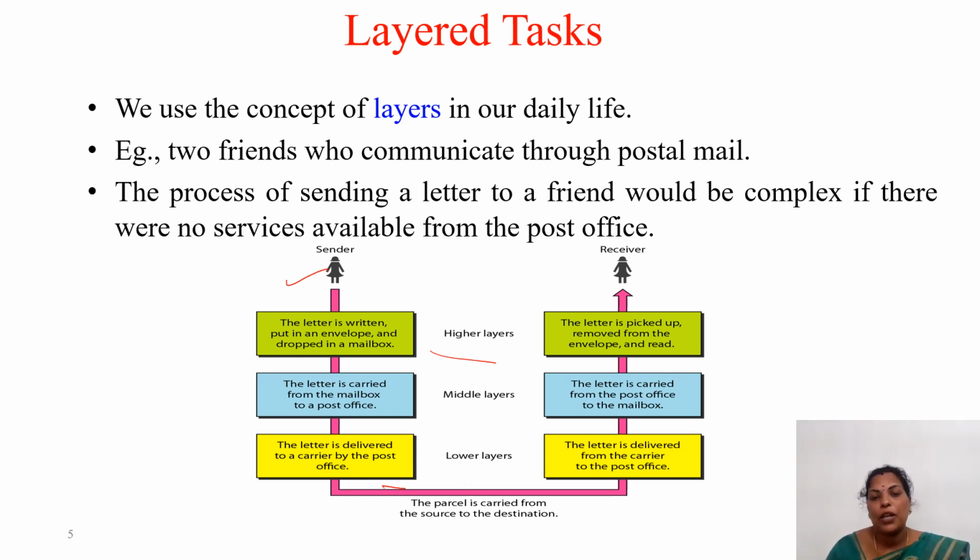The sender is putting a letter, but they are getting the service of the middle layer, and the middle layer is getting the service of the lower layer. Likewise, each and every layer is getting the service of the next layer. The same way only we are following in the ISO-OSI model also.